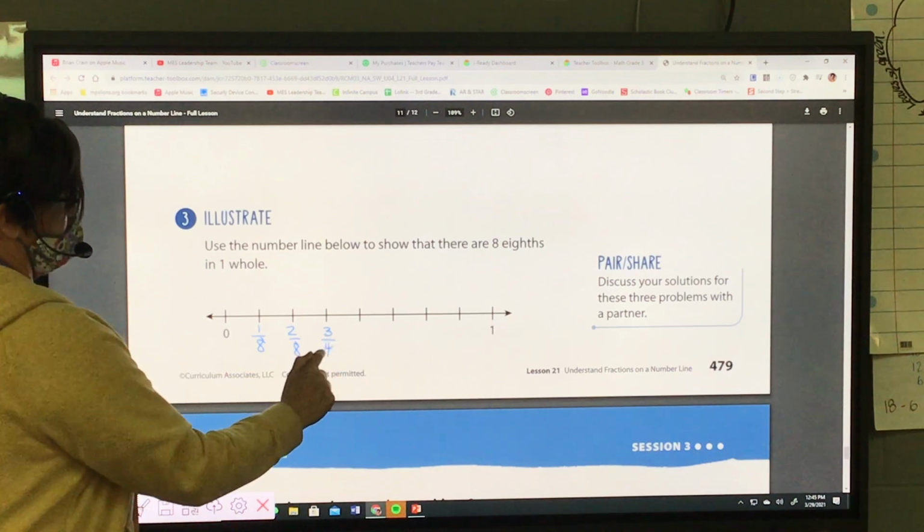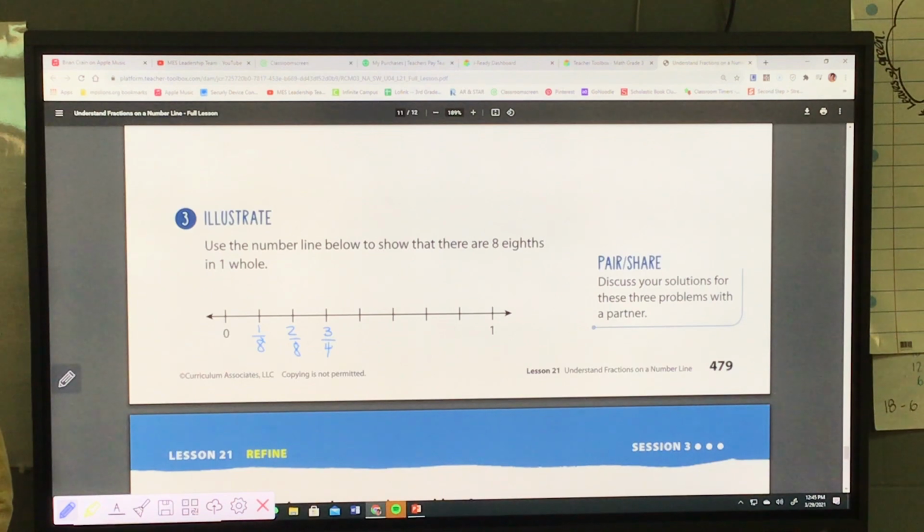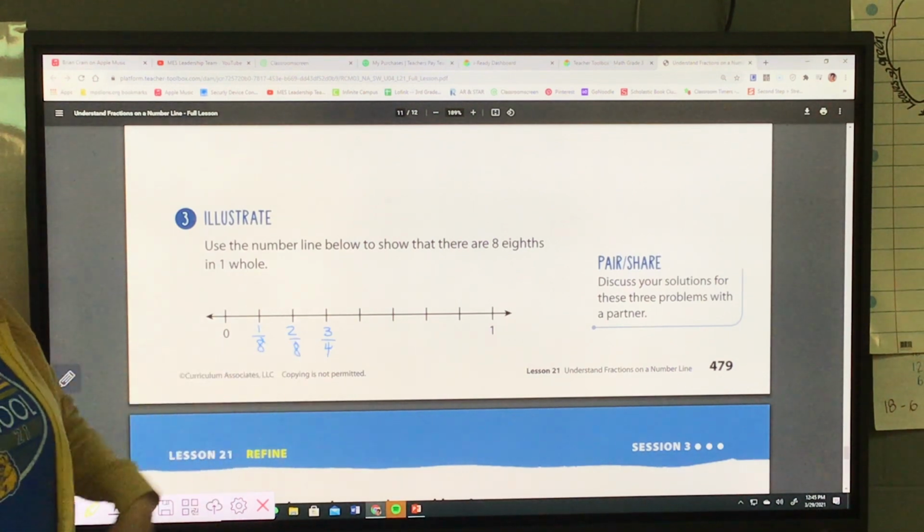What if I accidentally skip a number and wrote something wrong like that? Would that be okay? No. Why not? Because it changes it completely. Right? It's not split into 4 parts, is it?